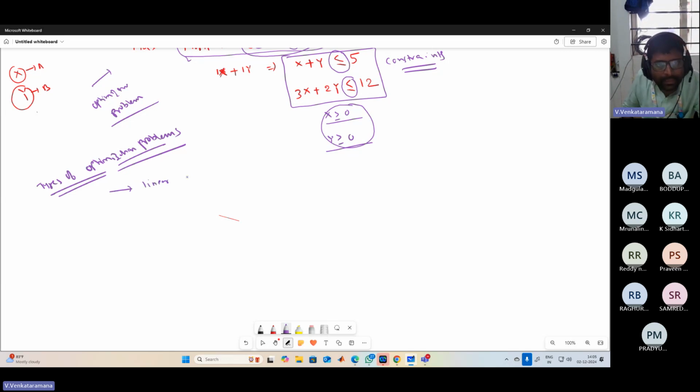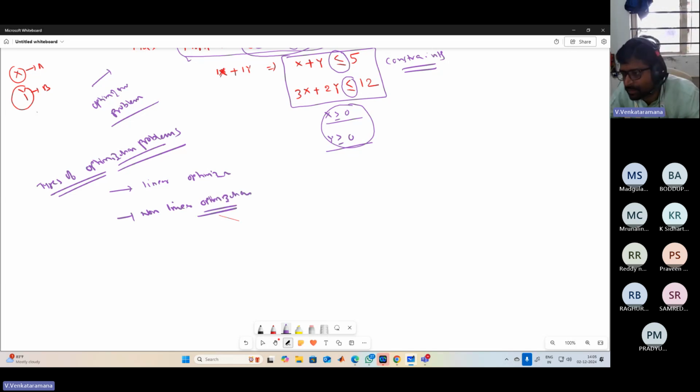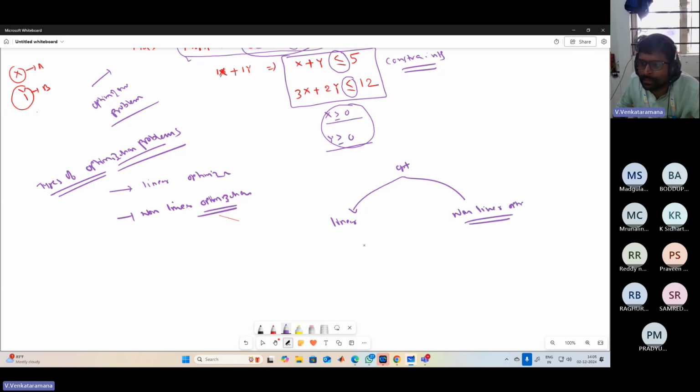One is called the linear optimization problem, and the other is called the non-linear optimization problem. Now we will discuss what is meant by the linear optimization problem and what is meant by the non-linear optimization problem.